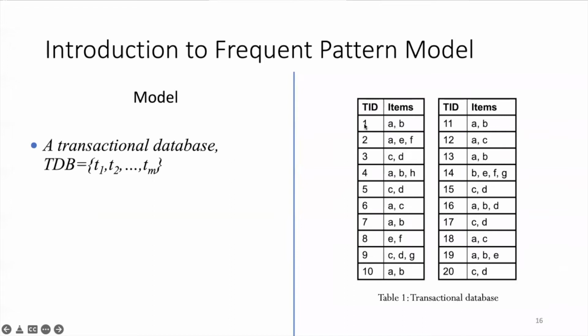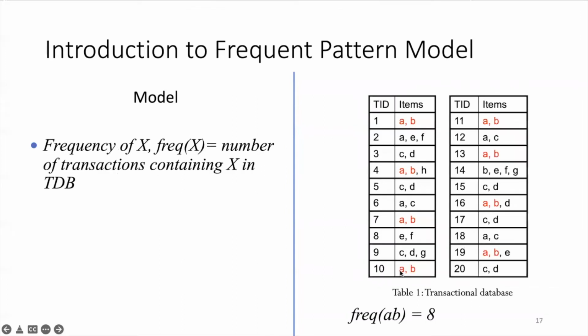Each transaction has a unique identifier. Please note that the items within a transaction can reappear. For example, TID1 has AB items. TID10 also has AB items, and so on.